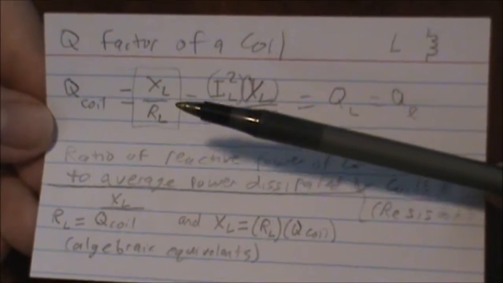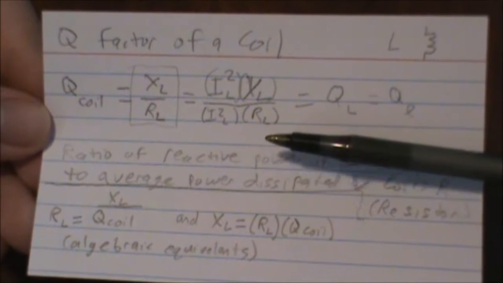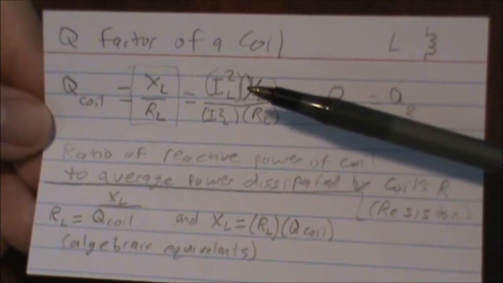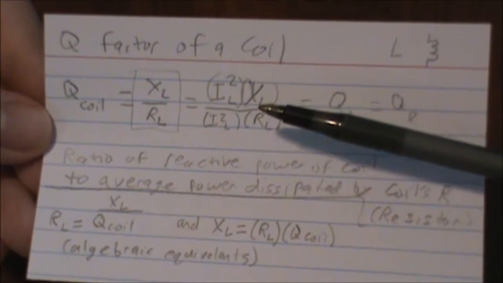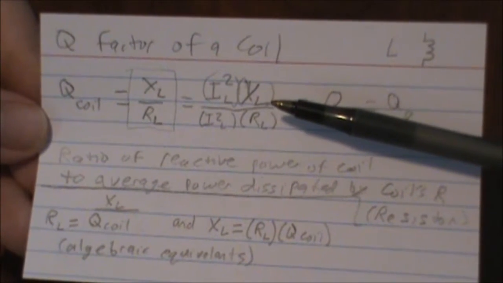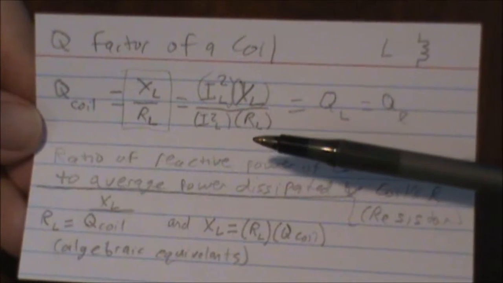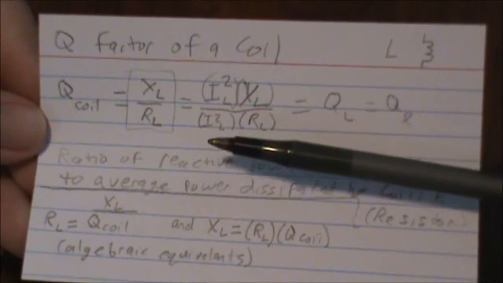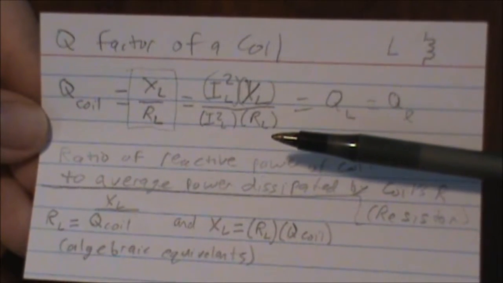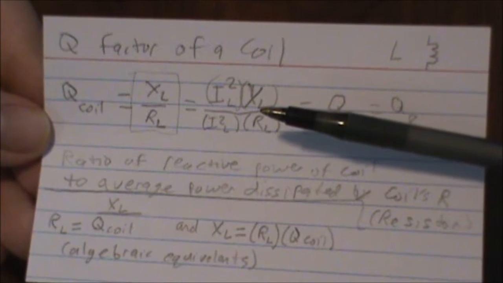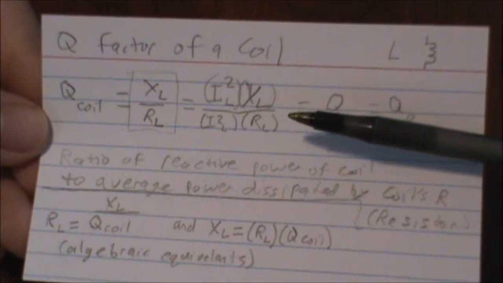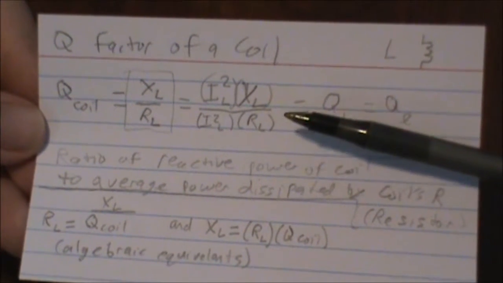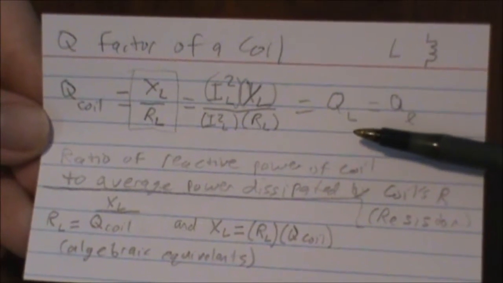That's R sub L, which equals the current through the coil squared times X sub L over the current through the coil squared times R sub L, which would mean the power. Remember, I squared R is power through the resistor, and power on the coil. But because of math, the current squared cancels out, and we can just use XL over R.